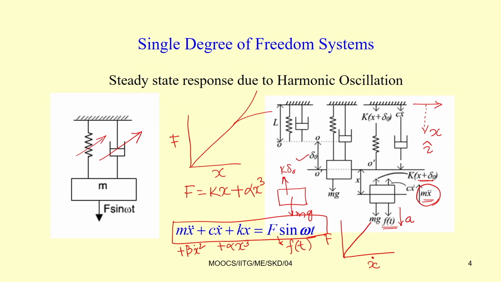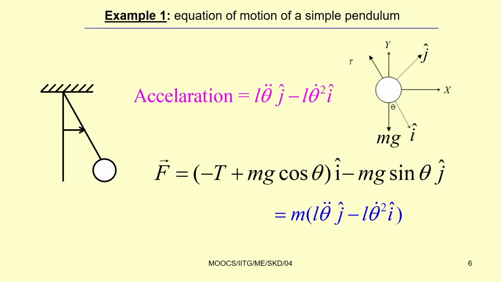By rearranging, you can get the same equation of motion. So, either by using Newton's second law or D'Alembert principle, you can write the equation of motion. For a nonlinear spring, you can draw an arrow that represents the nonlinearity in the spring.